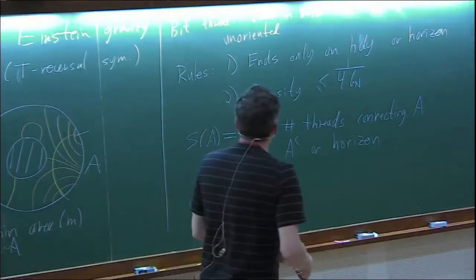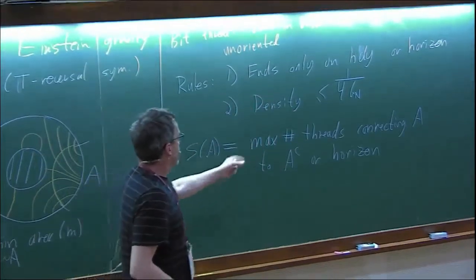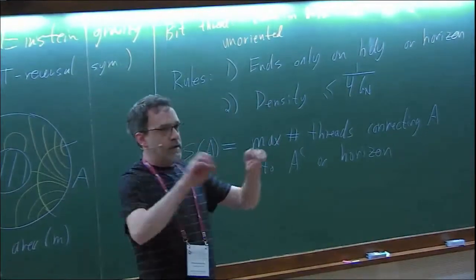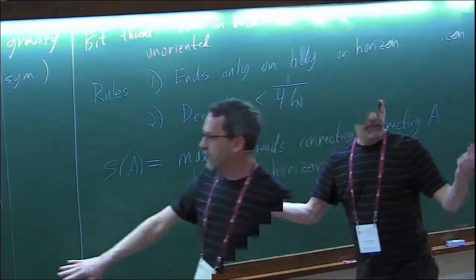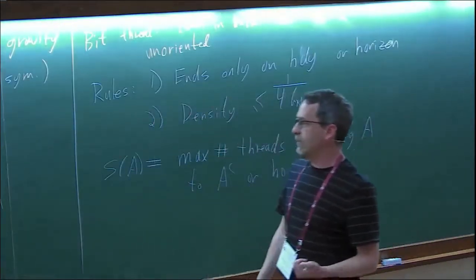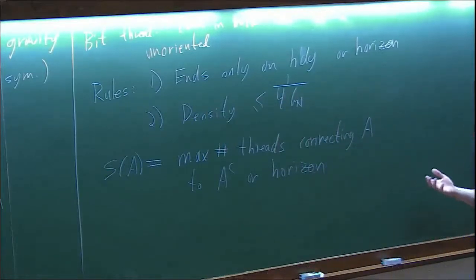Okay, this is going to be a macroscopic number because each thread has thickness which is Planck scale, and so the number you're going to get is going to be like 1 over G Newton, which is N squared or c. The claim is that this number equals this number, and so there's the intuition, and then there's the official theorem.